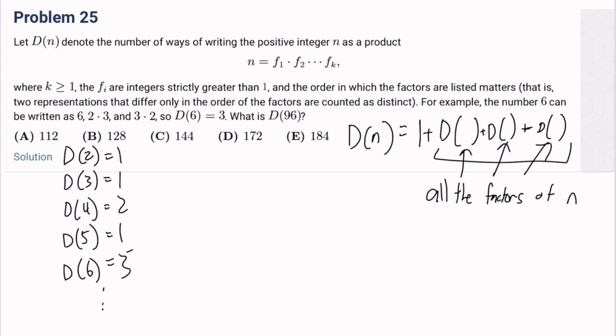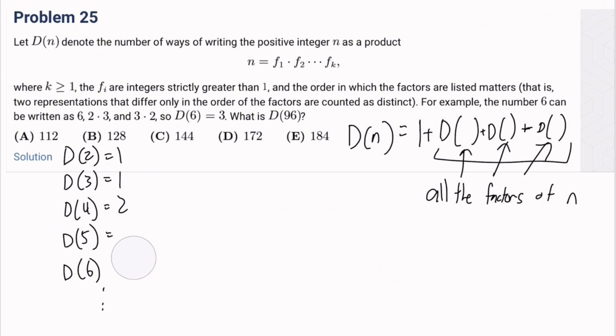And same for d6, which is 3: this would be 1 plus d2 plus d3, so this is 3, because this is 1 and this is 1. And in this kind of way, we can get d96 by listing all the factors of 96 and then getting the d's of all of them.